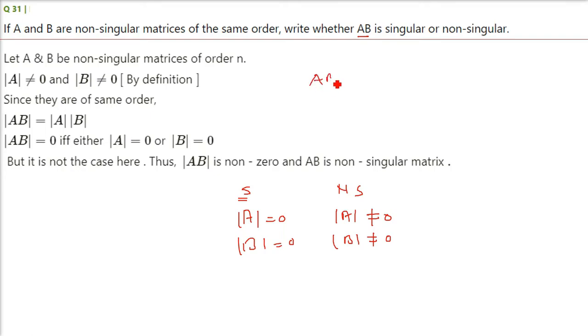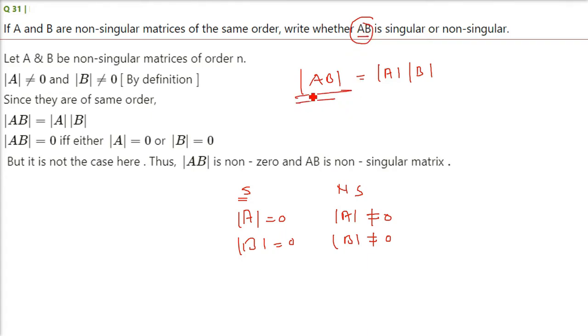So if you multiply A and B and take the determinant, and the orders are the same, it will be equal to the determinant of A and the determinant of B separately, multiplied. Now we have to write whether AB is singular or non-singular.